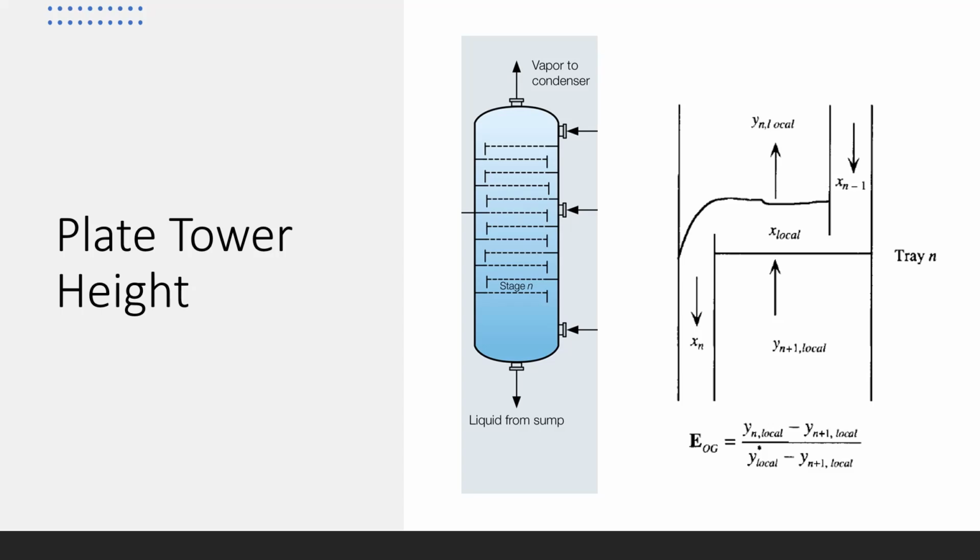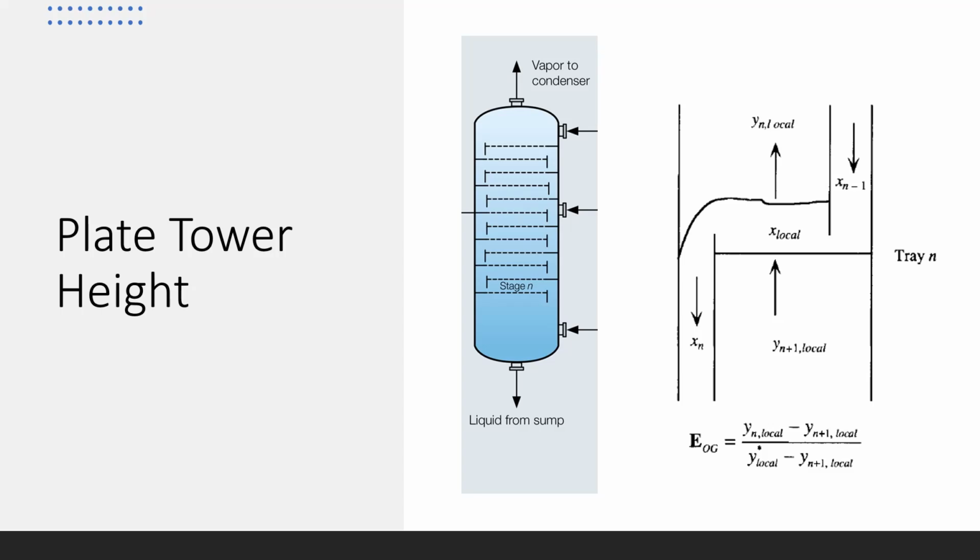The composition is measured and compared to the actual equilibrium value. So instead of that, we will be using a set of correlations to calculate the efficiency of the tower.